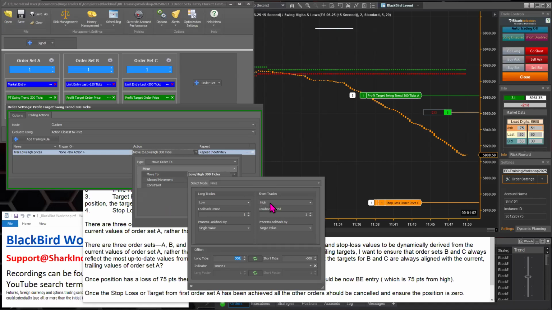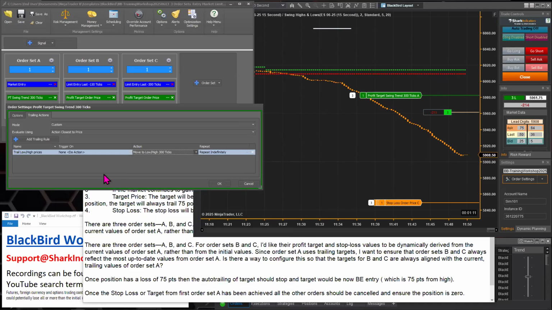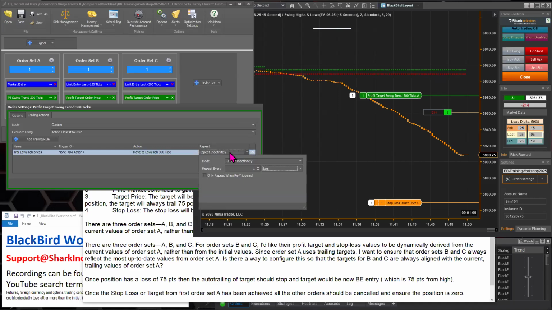And vice versa for a short trade, high price minus 300 ticks.